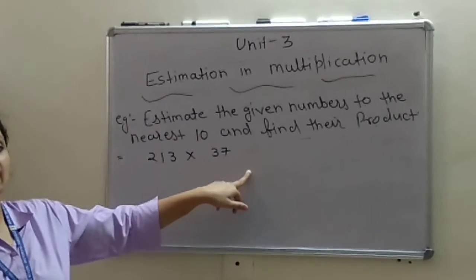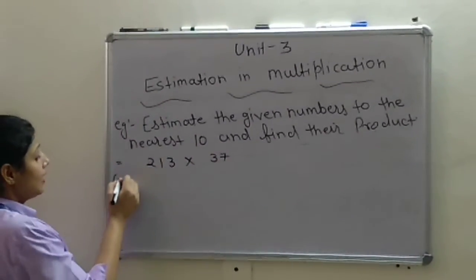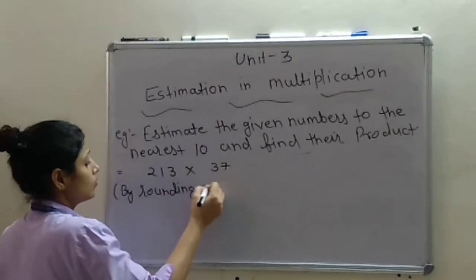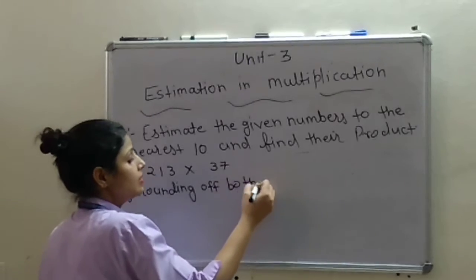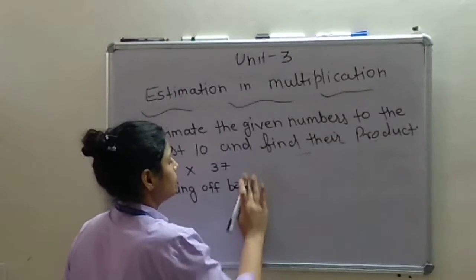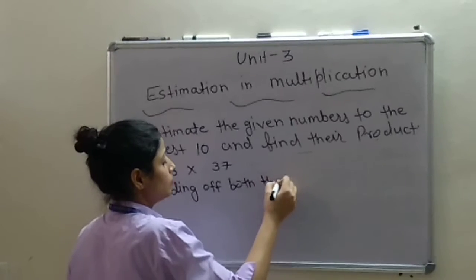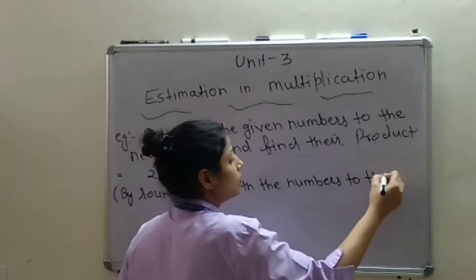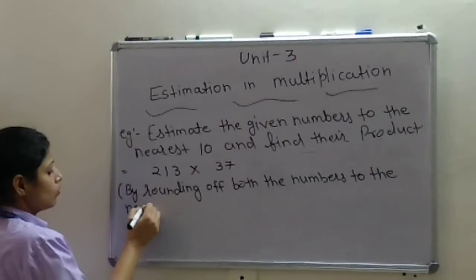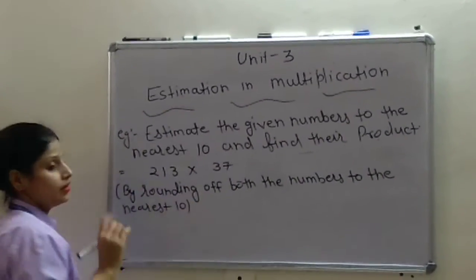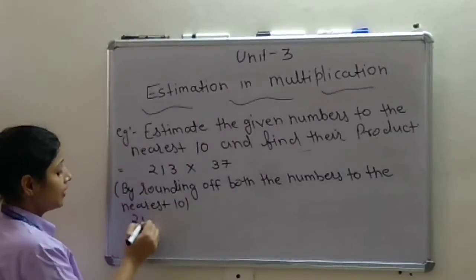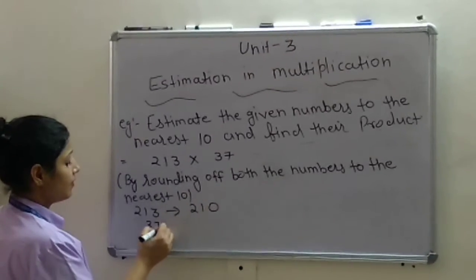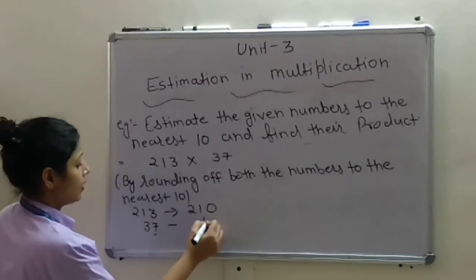So first we will round off both the numbers to the nearest 10. We can see 213 is closer to 210 and 37 is closer to 40.